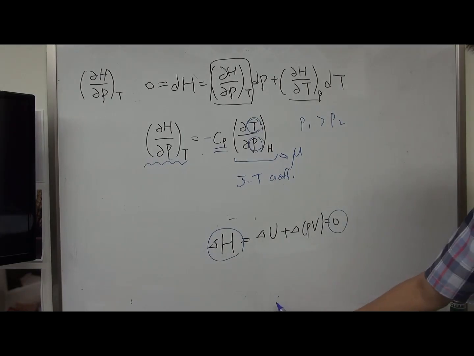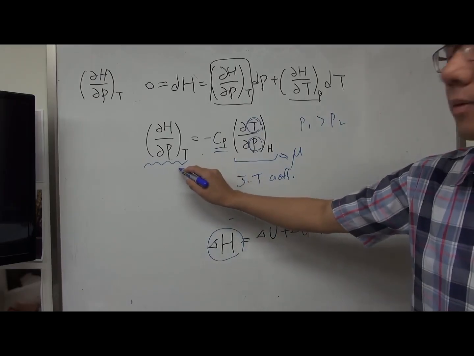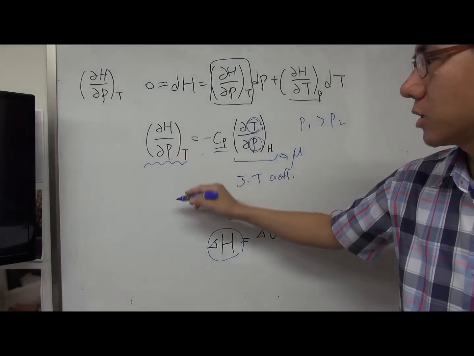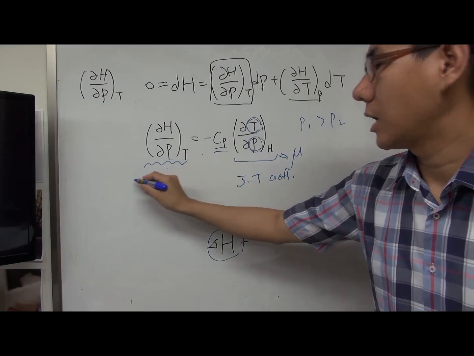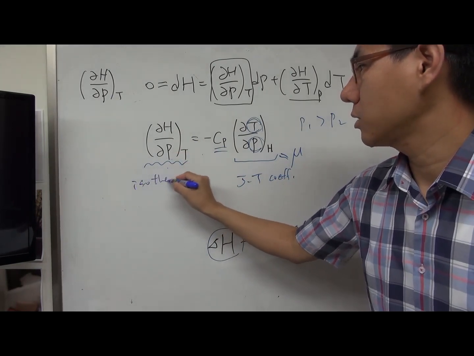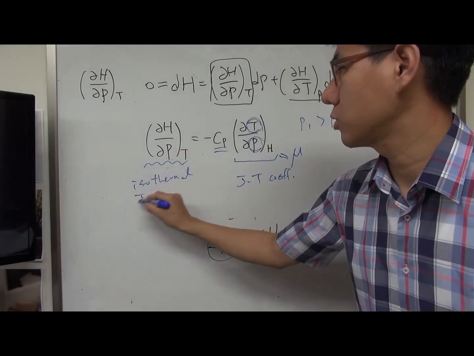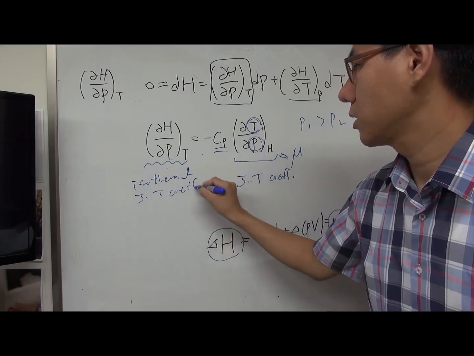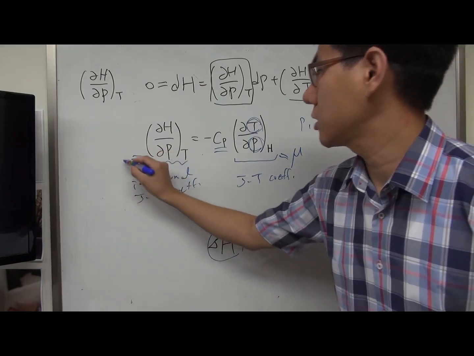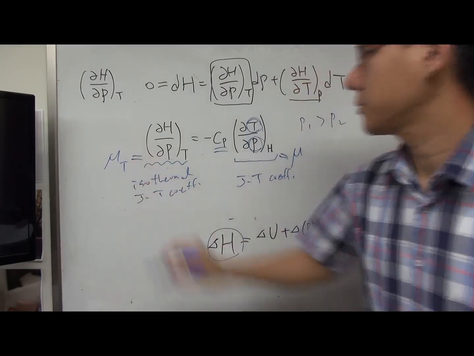And this one, ∂H/∂P at constant temperature, is called the isothermal Joule-Thomson coefficient, which is denoted as mu T.